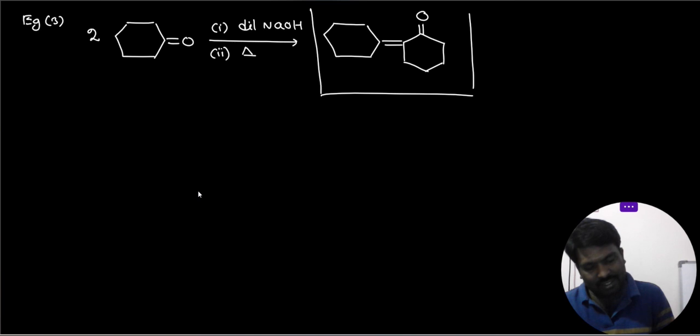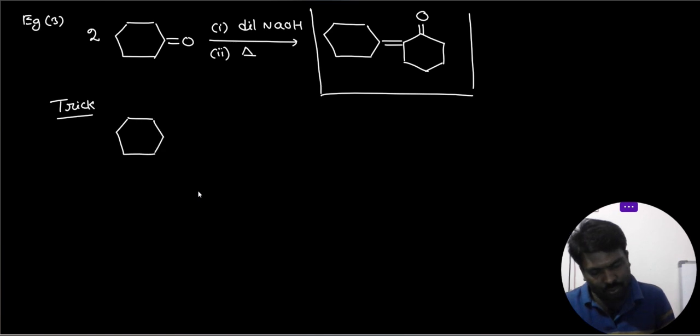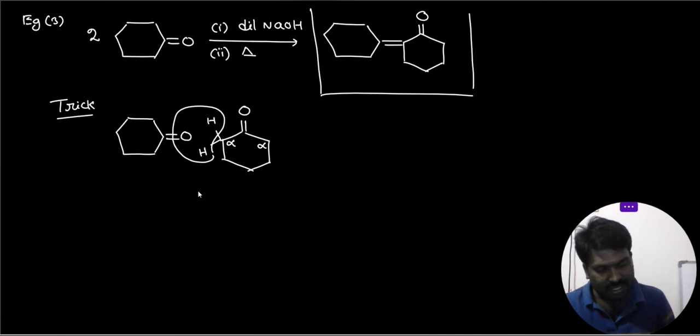Now, the trick. Already I told you, from one cyclohexanone remove oxygen. From another cyclohexanone, you know, remove alpha hydrogens. Always we have to remove which hydrogens? Alpha hydrogens, not beta, not gamma. Any alpha hydrogens you can remove because it is symmetrical.